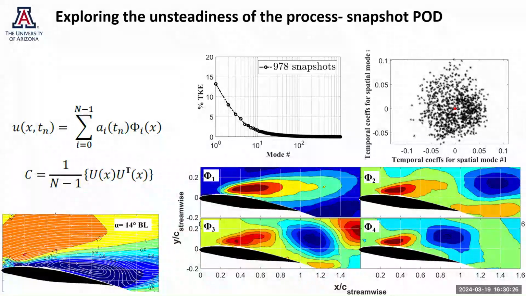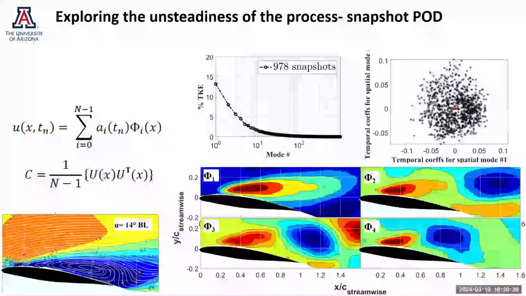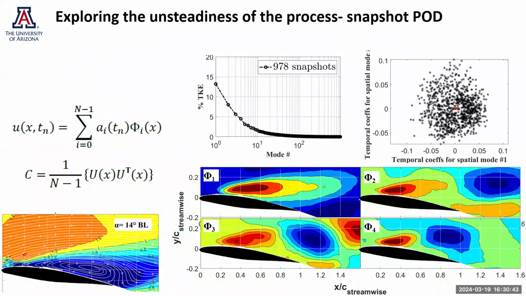When we look at the higher spatial modes, you can see opposite-signed structures here, which highlight the convective structures developing in the downstream direction. So through this process, we are able to differentiate the spatial development.